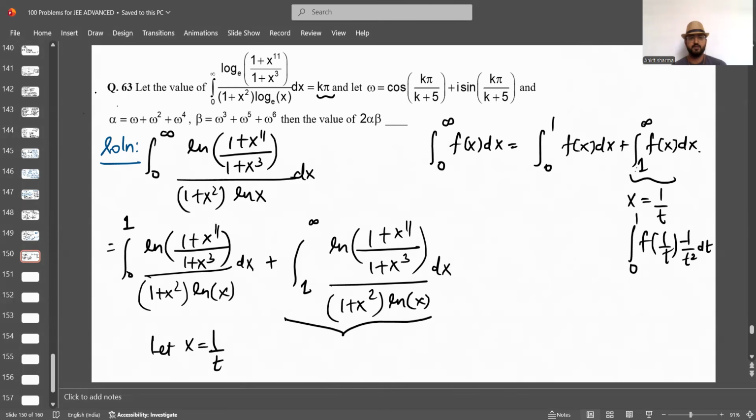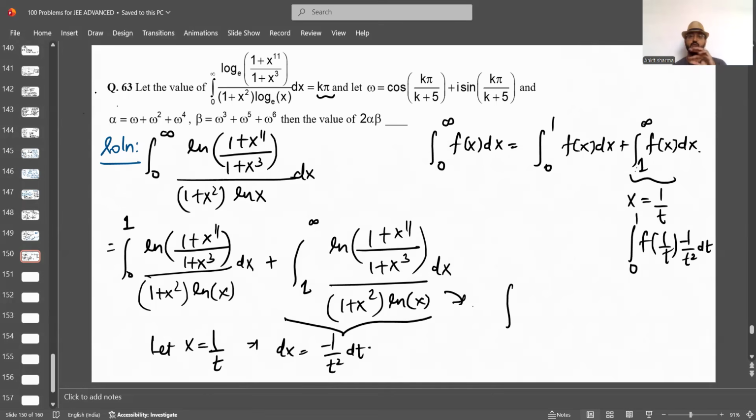If I take x equal to 1 by t, my dx would be minus 1 over t squared dt. My limits will also change. When I put x equal to 1, this gives me 1, but when I put infinity, this gives me 0. So it is like 1 to 0.